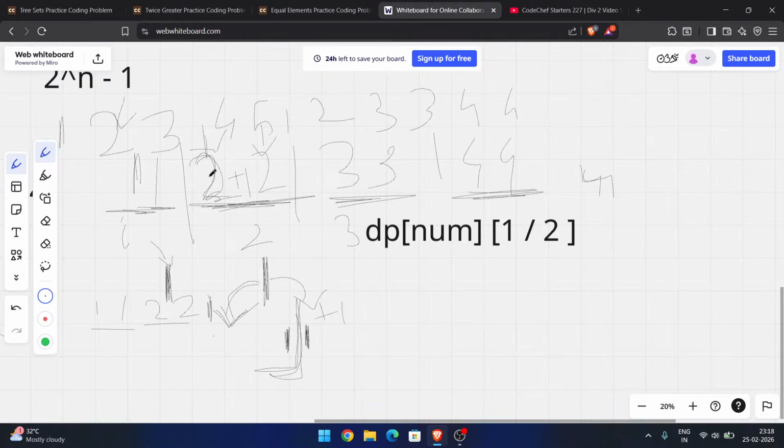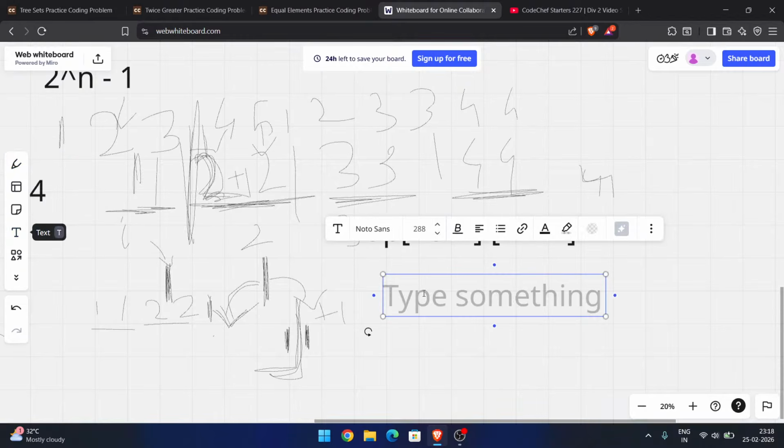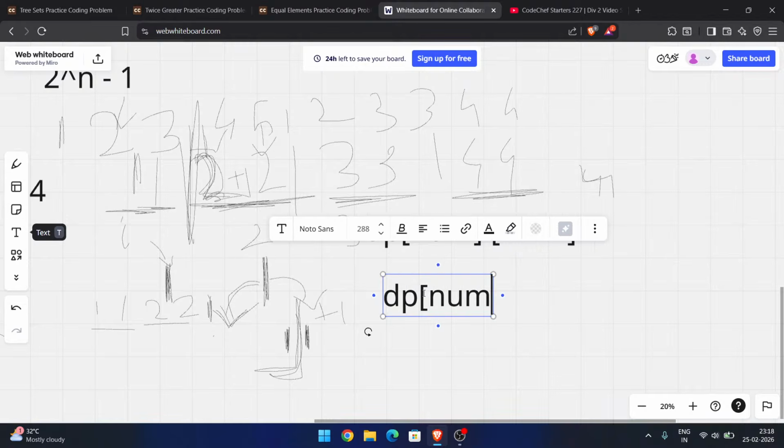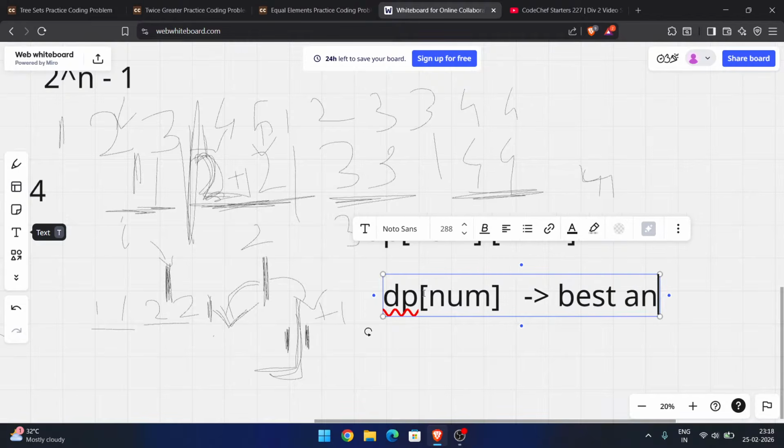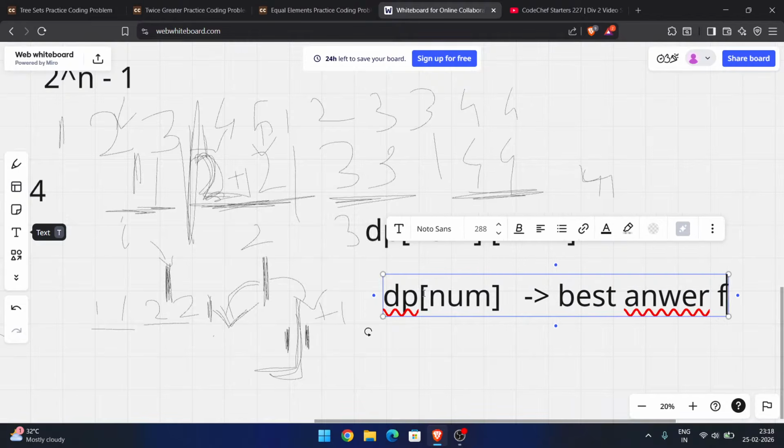Or if I want to append it as a first element, I can take the previous best till here. What is DP of number storing? I'm storing the best answer for this number.